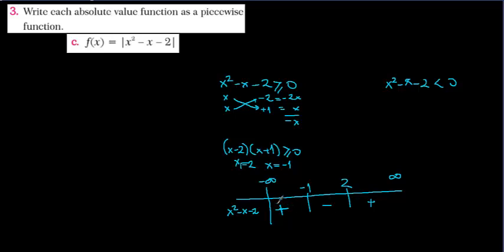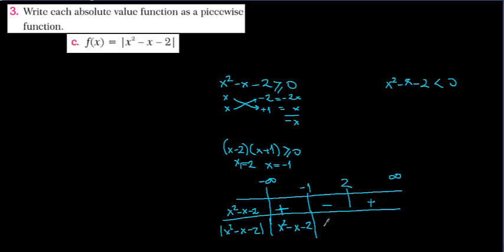This means the function is greater than 0, less than 0, greater than 0 in these intervals. So between minus infinity and minus 1, the function is positive. Between minus 1 and 2, the function is negative. So when the function is positive, absolute value of x squared minus x minus 2. When I say on the positive intervals, there's no need to multiply by a positive number, because it is already positive.